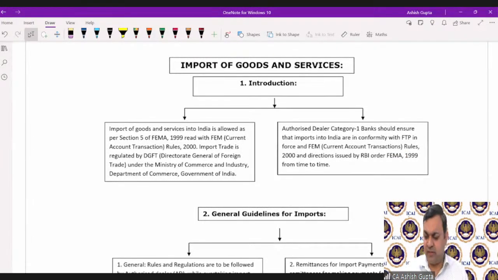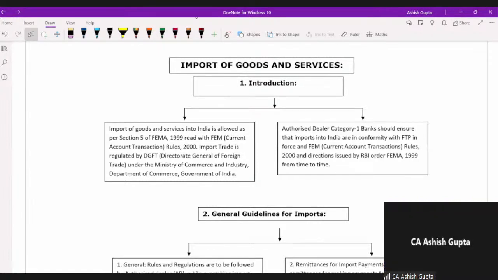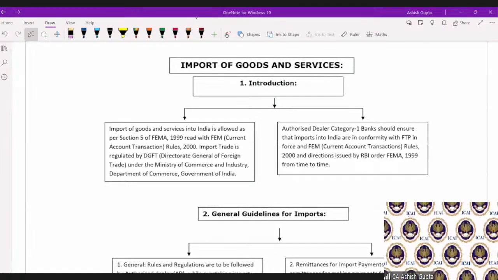Can we proceed towards the import of goods and services? Yes or no? Kindly comment in the chat box whether we can start the import of goods and services.